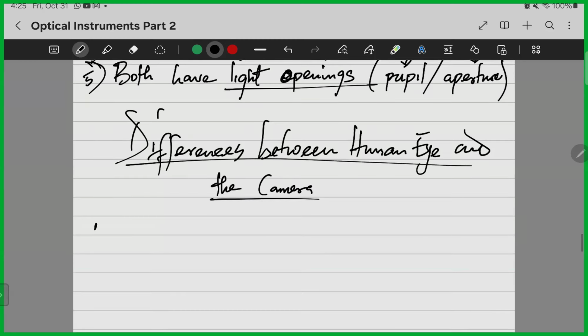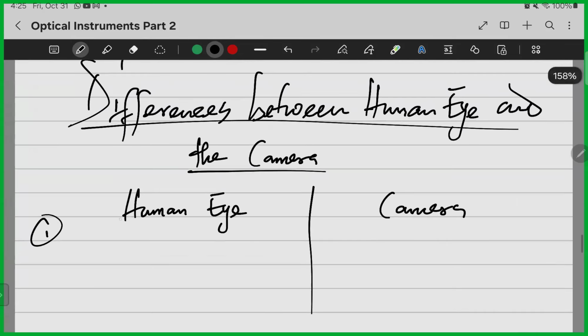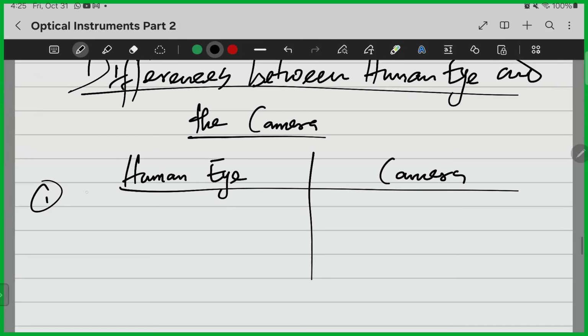My number one difference, or let me put it in tabular form. Examination style. Number one, the distance between the lens and retina is fixed for the human eye.